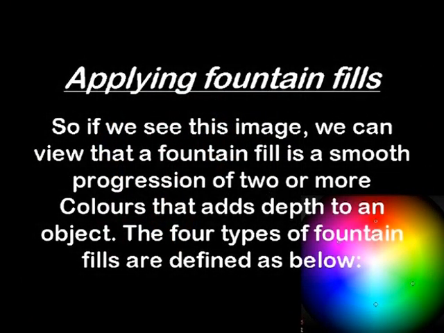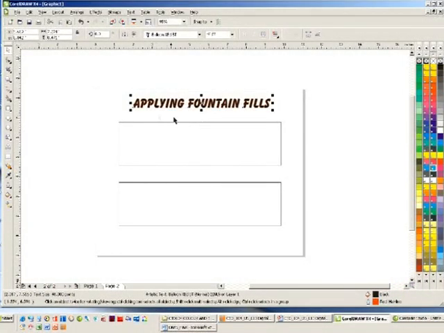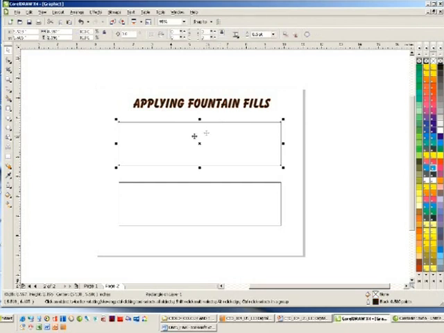Applying fountain fills. If you see this image, we can view that the fountain fill is a smooth progression of 2 or more colors that add depth to an object. The 4 types of fountain fills are as such. A linear fountain fill flows in a straight line across the object.